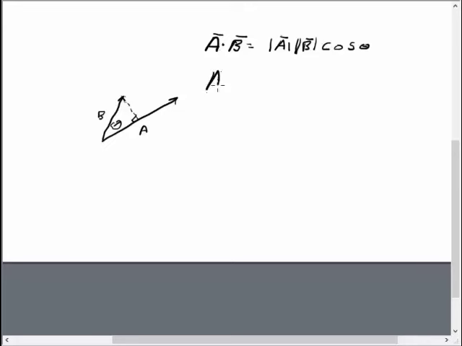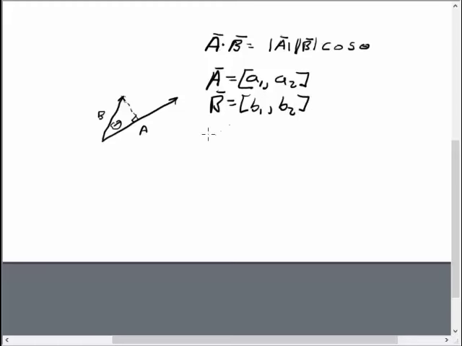Well, A is going to have two components, and we'll use A1 and A2 as the two components. Vector B will have components B1 and B2. This is just different notation for x and y.